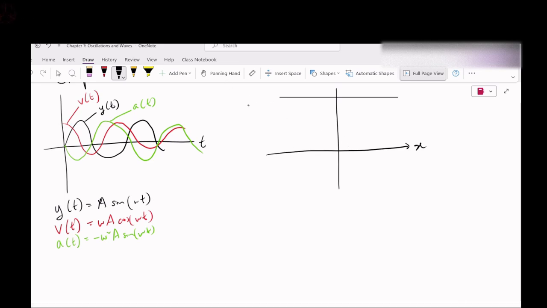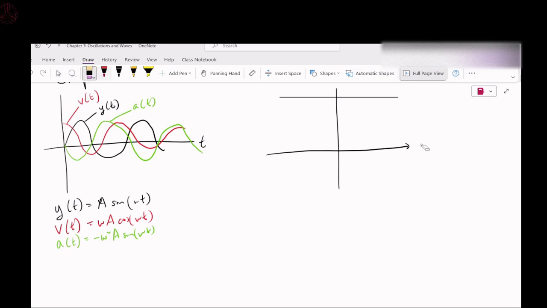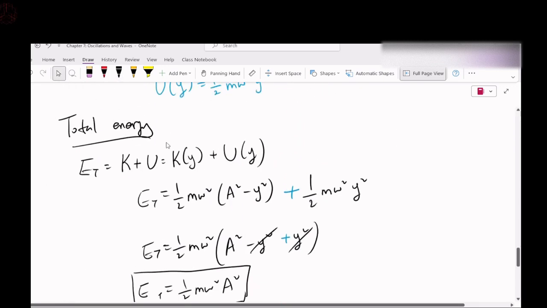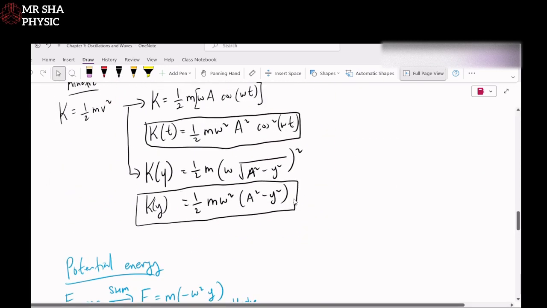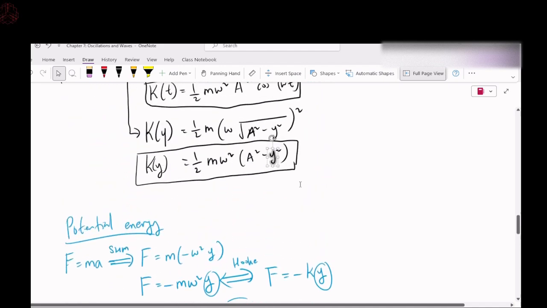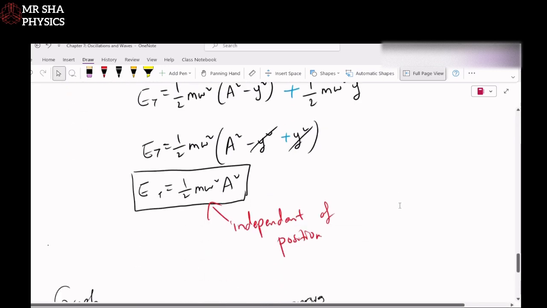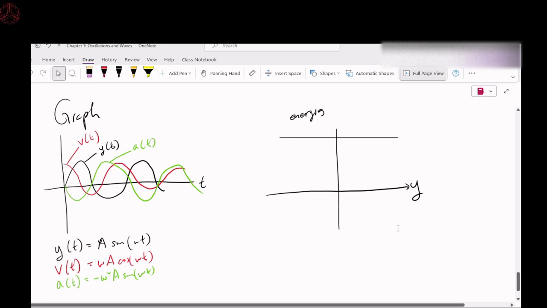Then I have my potential energy and kinetic energy. My kinetic energy is going to be at its highest, K max, when y equals 0.